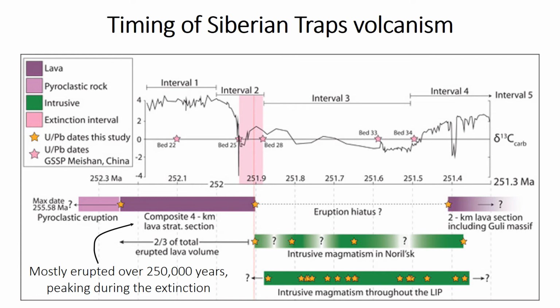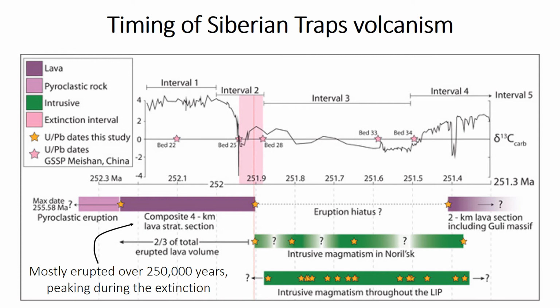This has been a relatively recent discovery, because it's actually kind of hard to determine the age of this type of lava, these basalts, because they contain almost no zircon minerals. And zircons are normally the main source of the uranium that people would use to calculate an age for the rock.